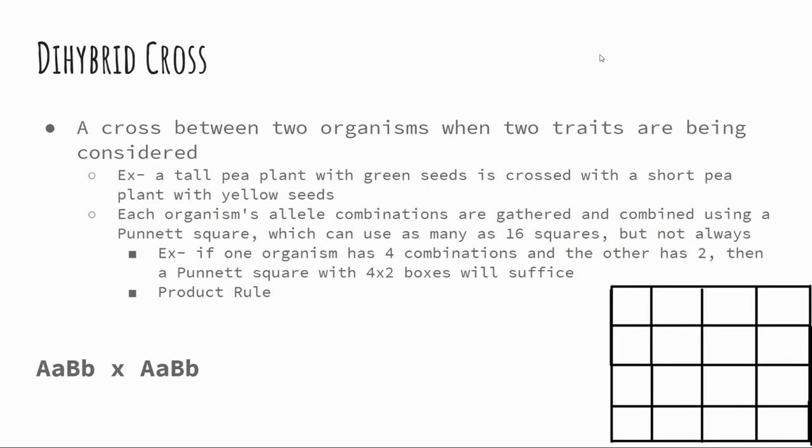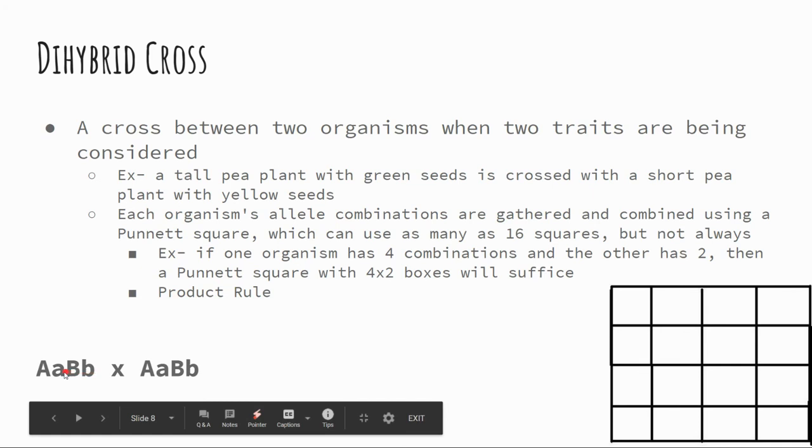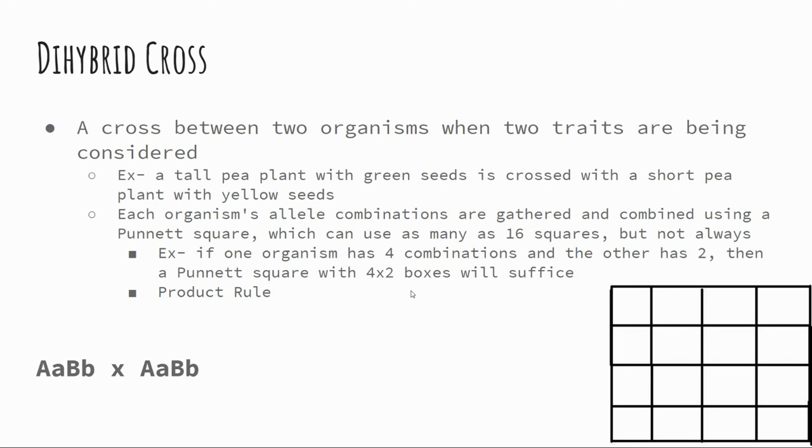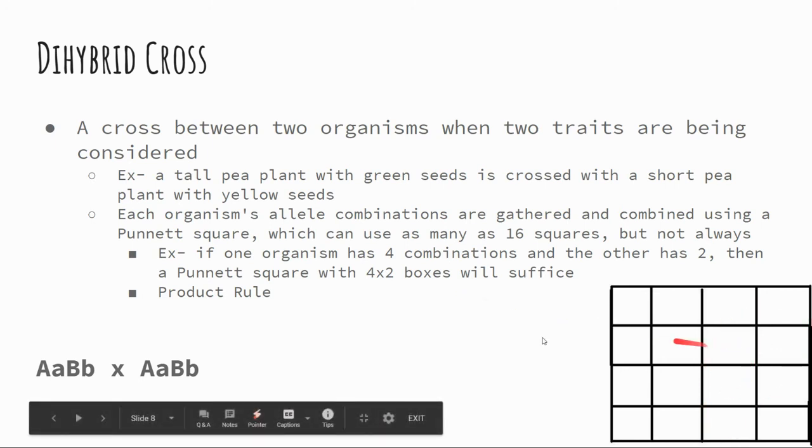This is where you'll use the product rule. Okay, product rule. This is going to take some practice. With monohybrid crosses, you would just go capital A, lowercase a, capital B, lowercase b, and you would think that's what you would do here. That is not it, because remember, we're tracking two different traits. So each of those traits has to be present within each of these boxes, right?